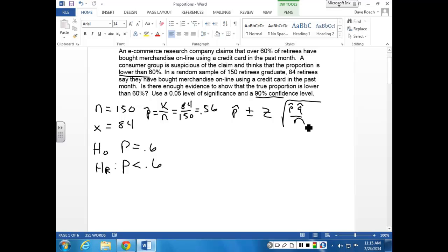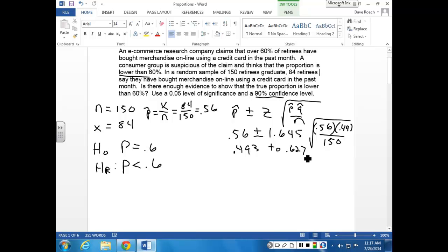So we'll have 0.56 plus or minus 1.645 for a 90% confidence interval, times the square root of 0.56 times 1 minus that, 0.44, over the sample size of 150. And that comes out to be 0.493 to 0.627.